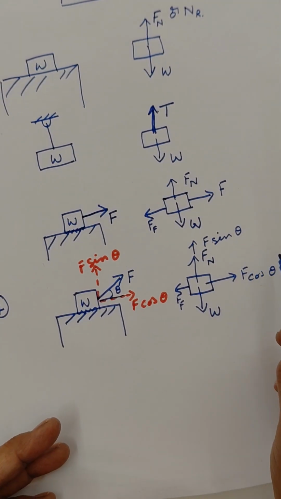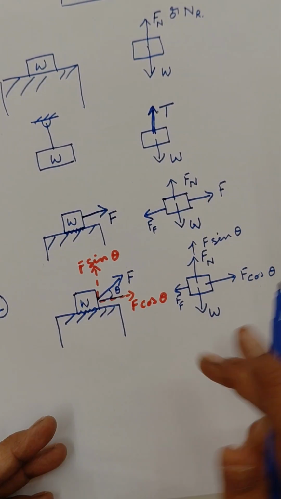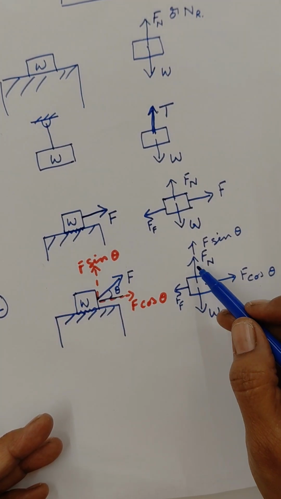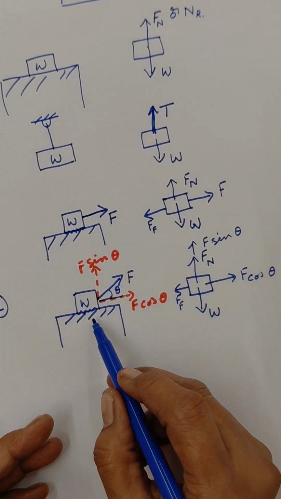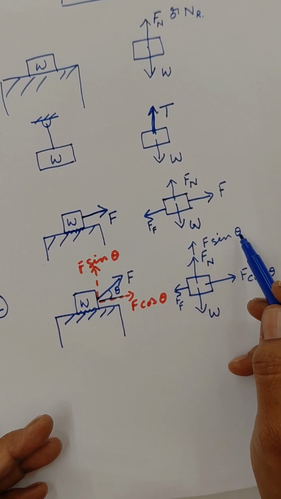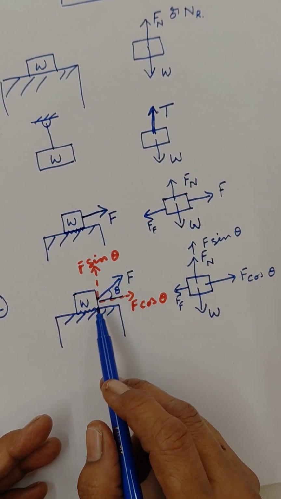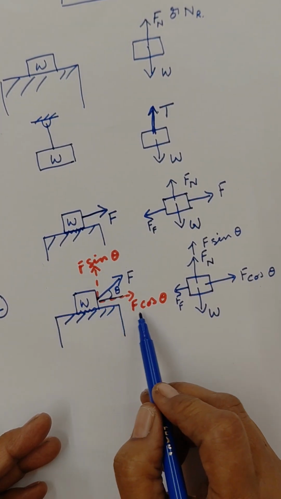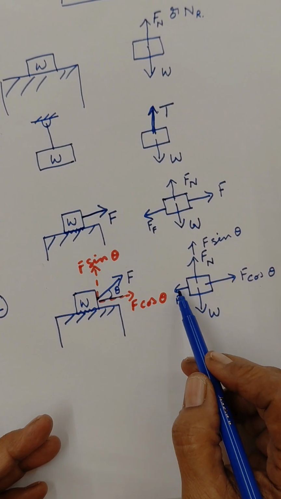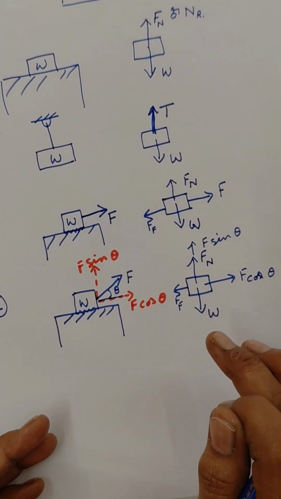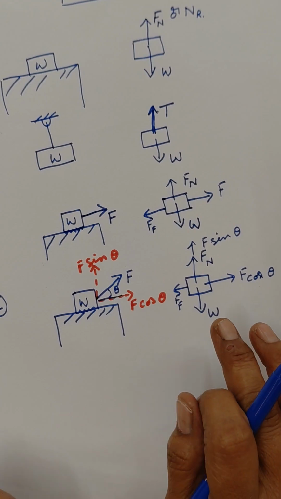So this is the free body diagram for this particular case, where you have a downward force because of the weight of the block W and an upward force Fn because of the normal reaction given by the surface, and F sin theta, which is the vertical component of this force F, and F cos theta, which is the horizontal component of this force F. And then we have a frictional force which is opposing this particular movement, because we are considering the block to be still stationary.